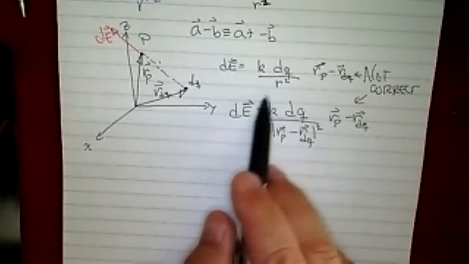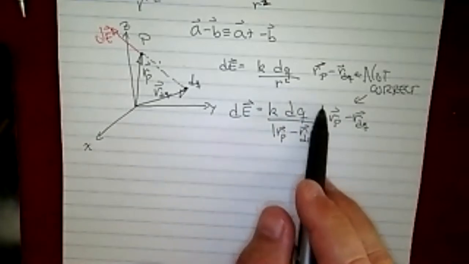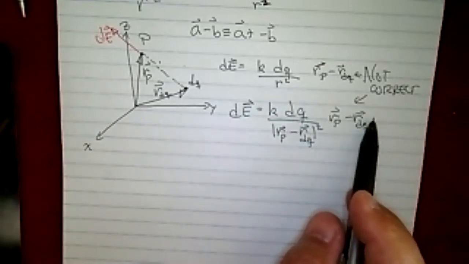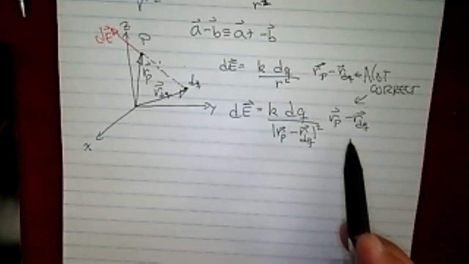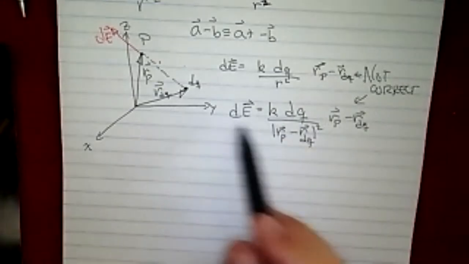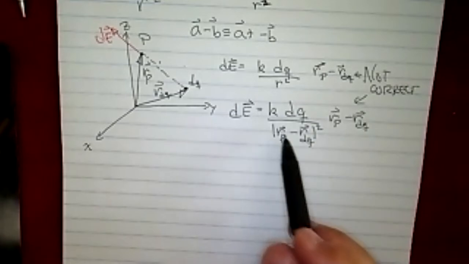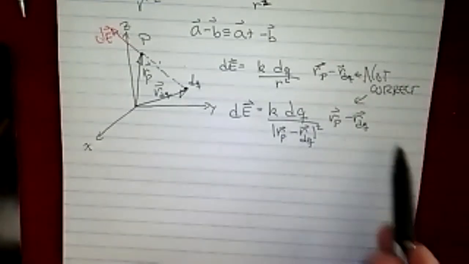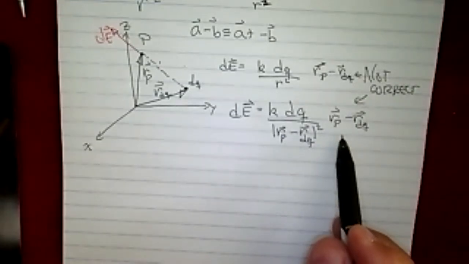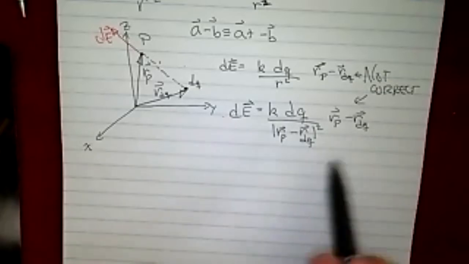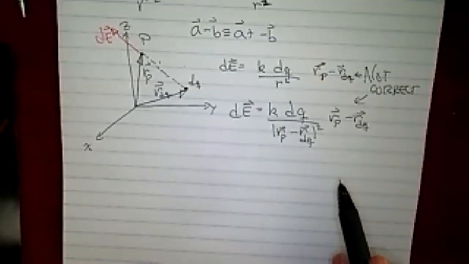So if the electric field is too big by a factor of the magnitude of this, how do I correct it? Again, here's a nice place for you to pause it and try to answer that question. The way you correct it can be thought of two ways. One, the magnitude of the electric field is too high by a factor of the magnitude of rP minus r dq, so I just divide the dE by the magnitude of rP minus r dq, and that works fine.